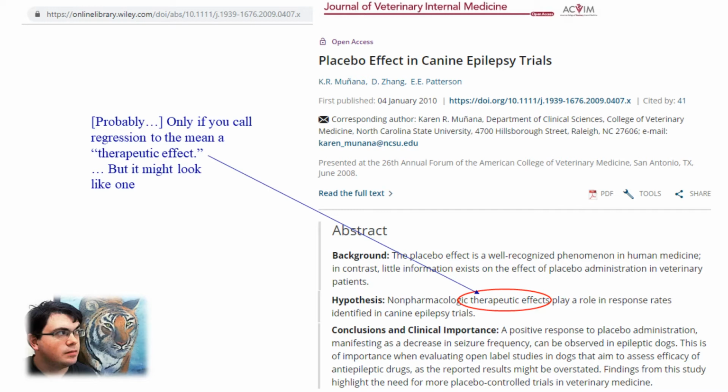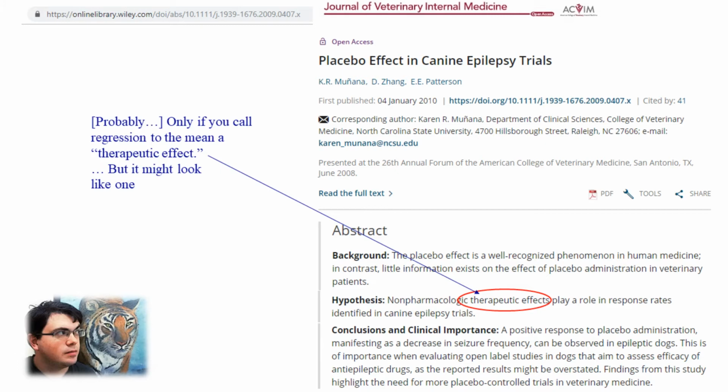The paper then implies that there is a therapeutic effect, they say, which comes maybe from the owner's expectation of a successful treatment, perhaps causing the owners to perceive an improvement in their dogs, the so-called perceived placebo effect. That is, despite the fact that owners weren't told if the treatment was real or placebo. Nonetheless, the fact that it might be real might have caused them to perceive an improvement in the health of their dogs.